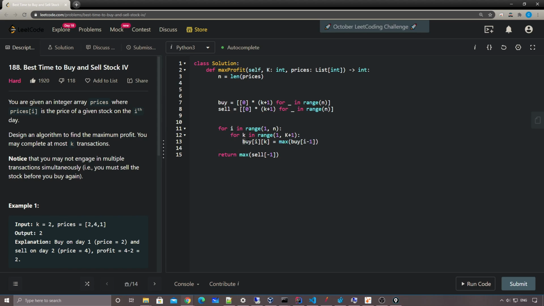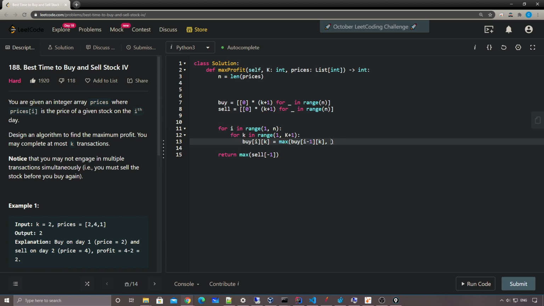The definition of the buy DP array here stands for, at I state, the last transaction is buy, so that's why we can use I minus one. Since we didn't buy it, the transaction didn't change, right? So that's the first. We don't buy it.